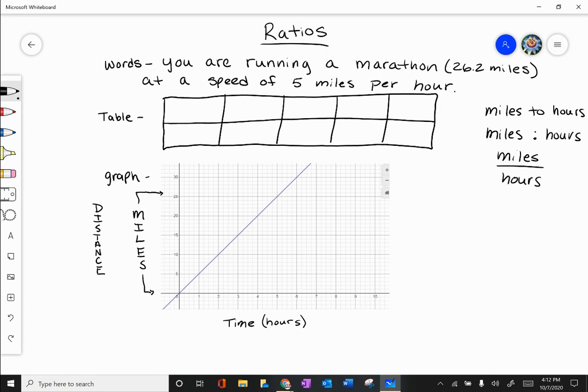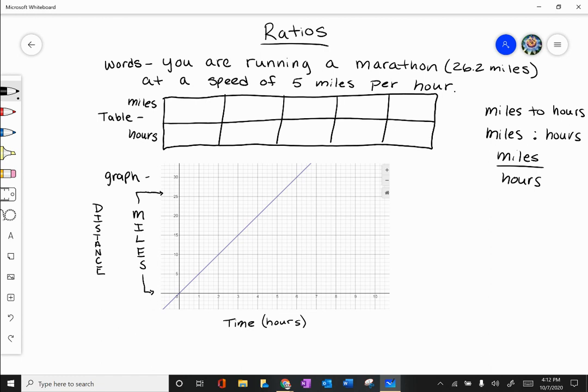That is how we could write this ratio. So miles is a distance, hours is a time. So we're comparing distance over time, which is speed.